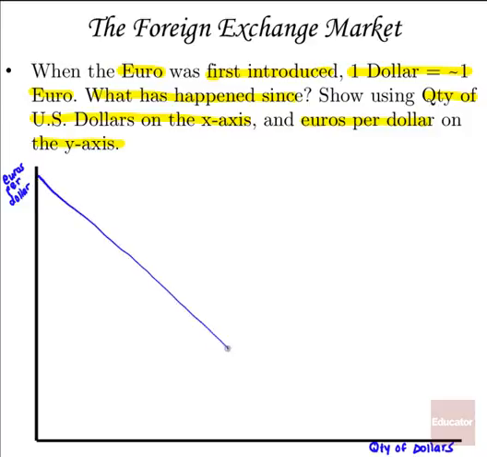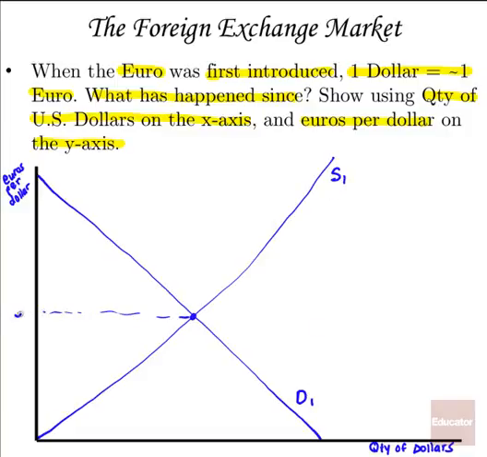And so let's label this as the demand, and here as the supply, S1, and this equilibrium here, let's label this E1. Here's the exchange rate, and here's Q1. So E1, let's say this was 1 euro. So E1, let's put it to the side here, let's say that E1 equals 1.